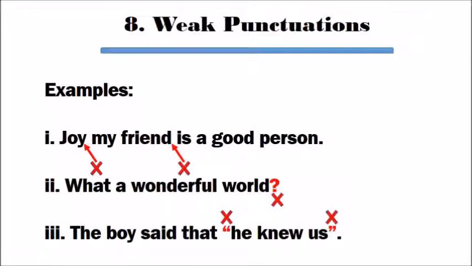The next group of errors come in form of weak punctuation. There are very many punctuation marks to be used, and each of the punctuation marks brings a form of beauty and meaning to what is written.